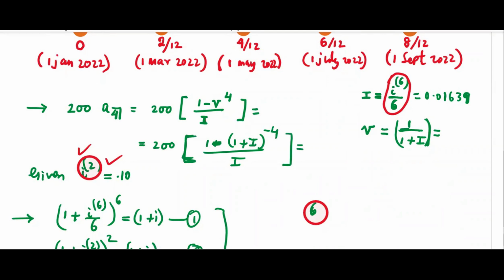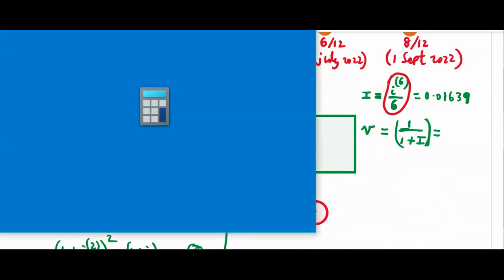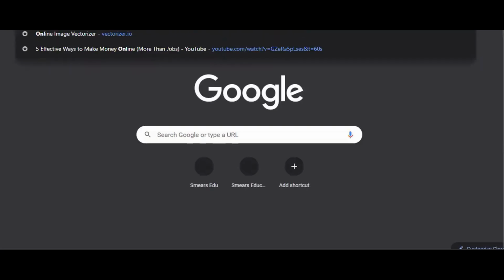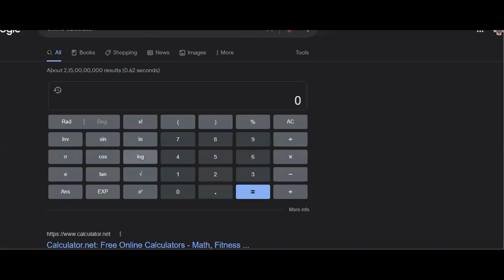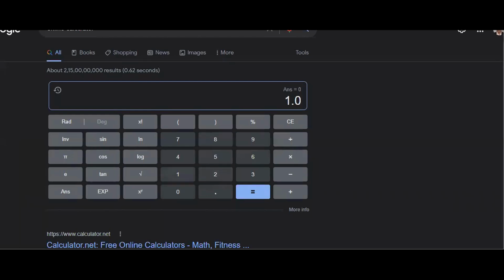Did you get the answer? Anyone got the answer? See, you can find it this way. 1.01639 to the power minus 4.